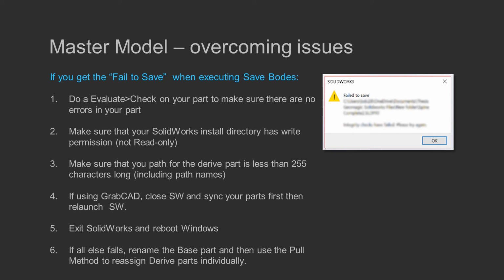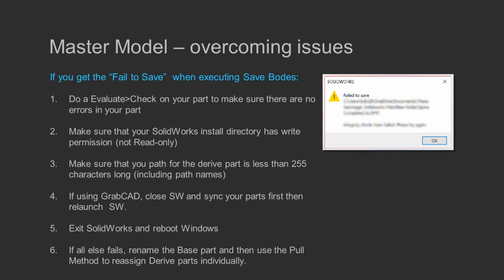The first thing to do is to check the actual part, the master part, and make sure there are no errors in it. This fail to save error can sometimes be triggered by something false or faulty in the part itself. So just make sure it's clean. You can use the evaluation check to check the solids of your part to make sure there are no errors. I would do that first.